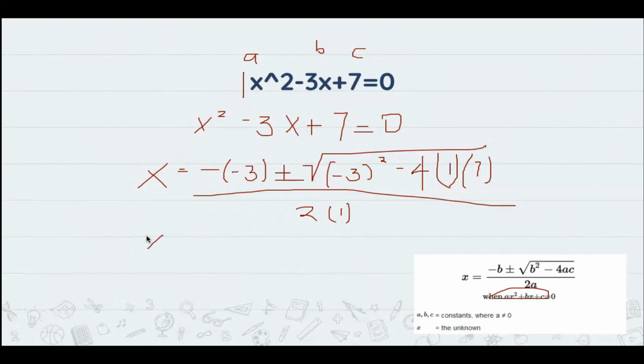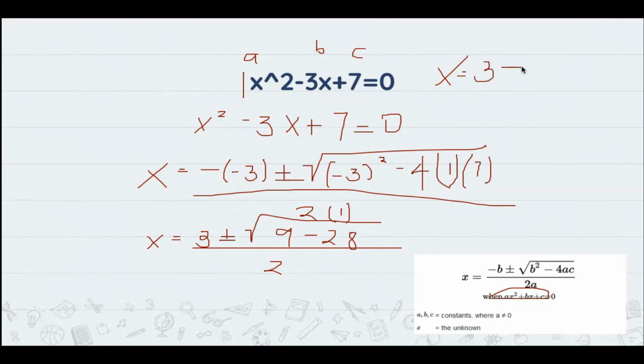So we'll just bring it all down. So negative 3 times negative 1 gives you 3, plus or minus. So negative 3 times negative 3 gives you 9, minus 4 times 7, which gives you 28, all over 2.